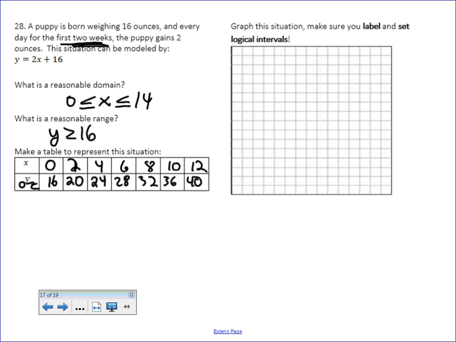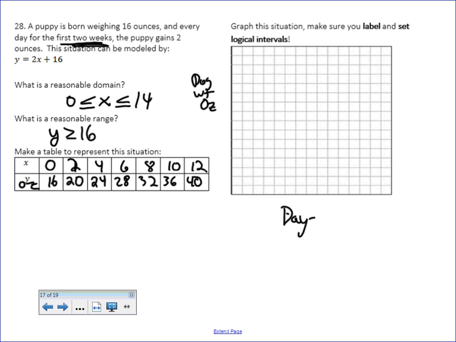And then we need to label this. So this is going to be days, and this is going to be ounces, dog weight. And then we need to make sure that we use enough. So let's go 2, 4, 6, 8. See, that's not enough, is it? So instead, sometimes you got to try this.